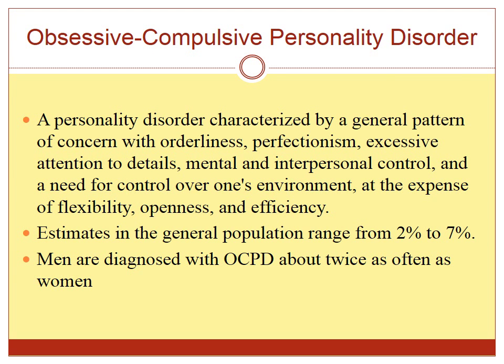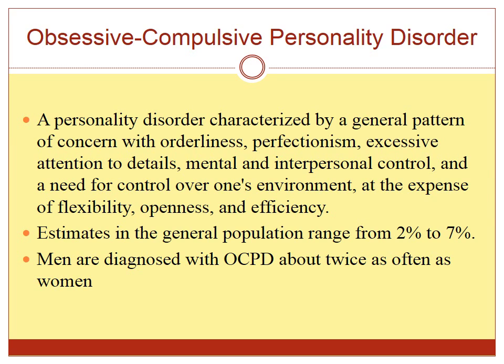The next personality disorder is Obsessive-Compulsive. And this is a personality disorder that is characterized by a general pattern of concern with orderliness, perfectionism, excessive attention to details, mental and interpersonal control, and a need for control over one's environment at the expense of flexibility, openness, and efficiency.